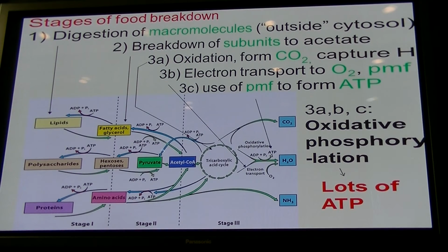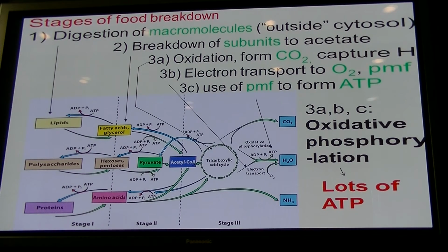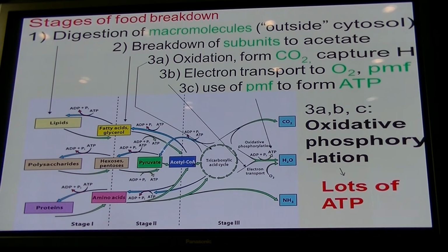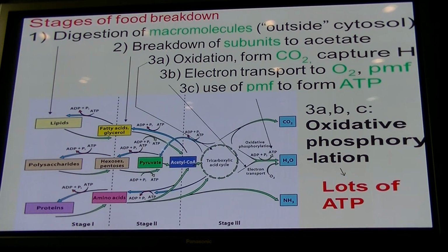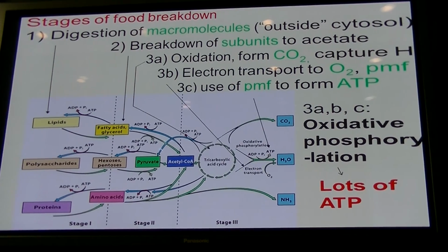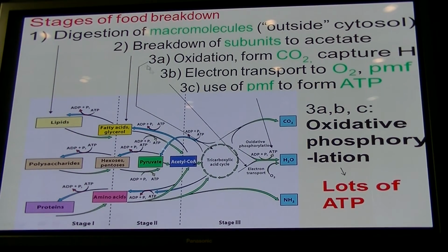They happen outside of the cytoplasm, typically outside of your cells, typically in your digestive tract, mainly. Because what you take up in your small intestine is the subunits, the amino acids, fatty acids maybe. I'm not sure how you take up fats, honestly. And the sugars, right? So you take that up.